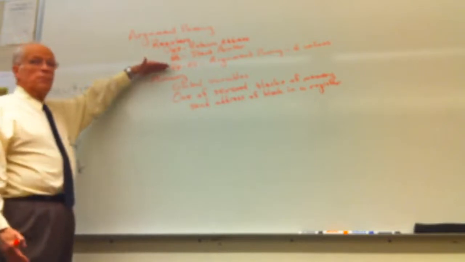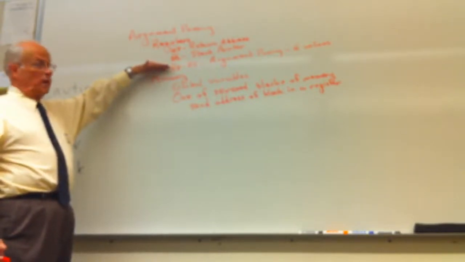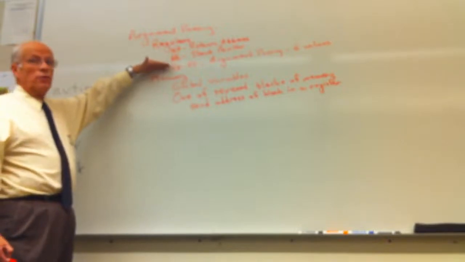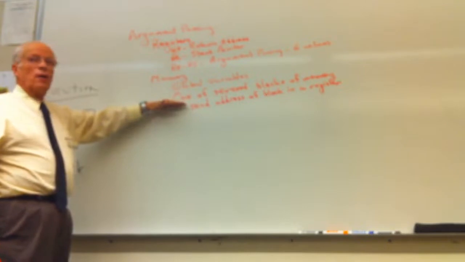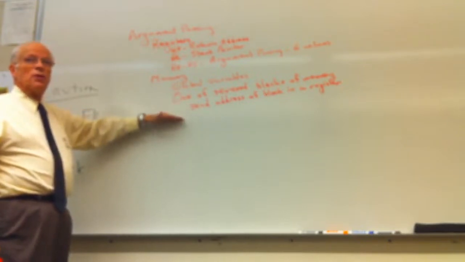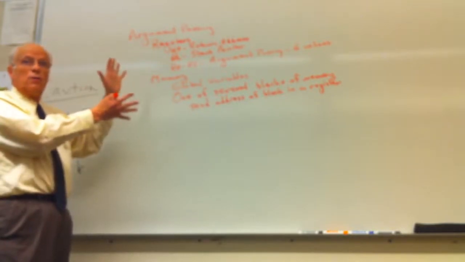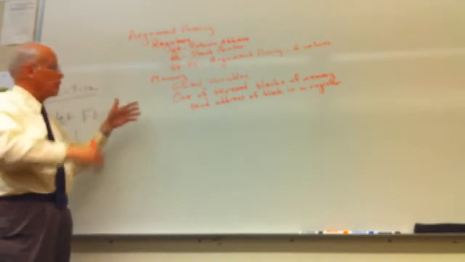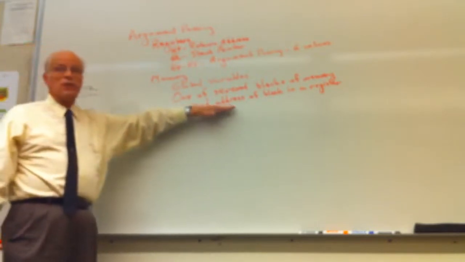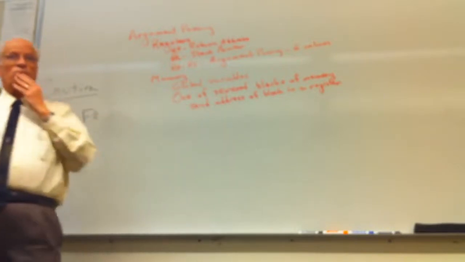Really up here, you're probably doing pass by value. You're giving the subprogram the values that you want it to work with. Here, they are in memory someplace, and yeah, they're going to be common. If I change something in the subprogram, it's going to be changed in the main program because what I'm actually sending is an address.